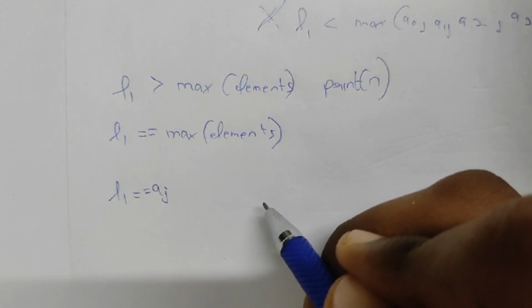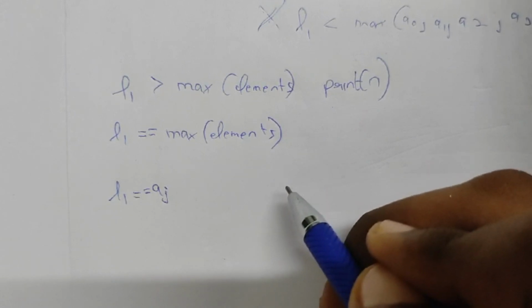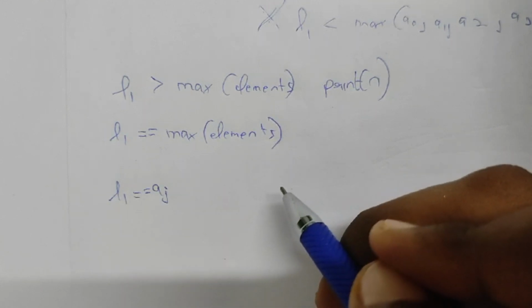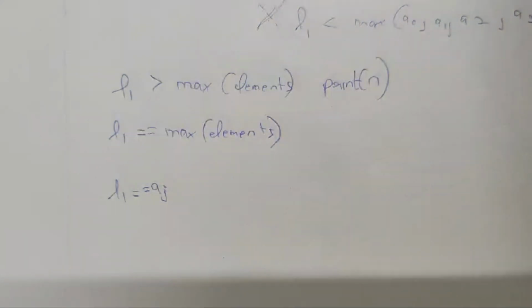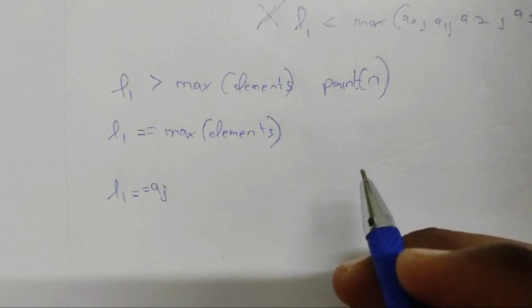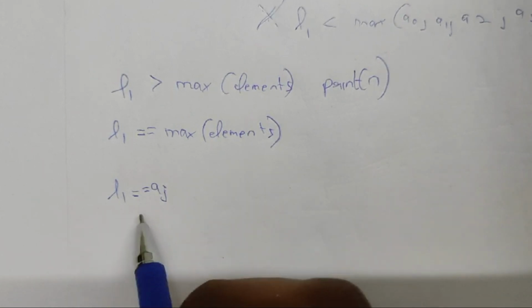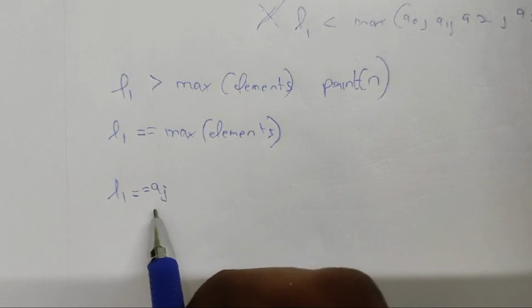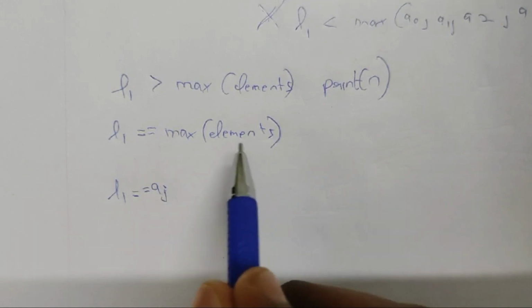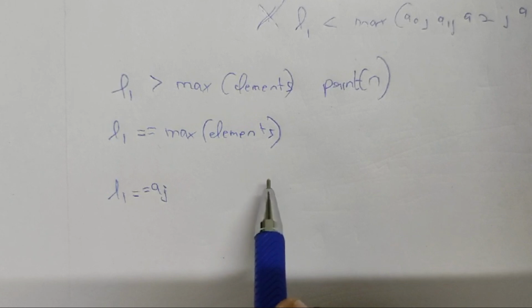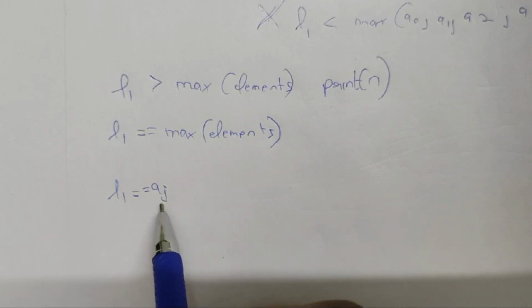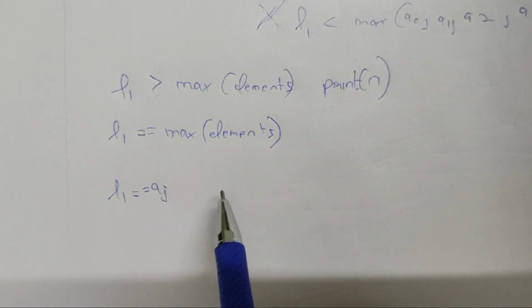Since L1 is equal to aj, we know that all the other elements in the array will be a factor of aj. The video got suddenly turned off. What do I mean by that?